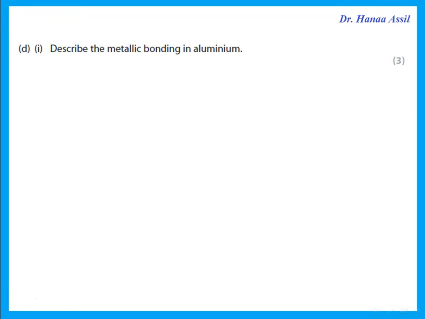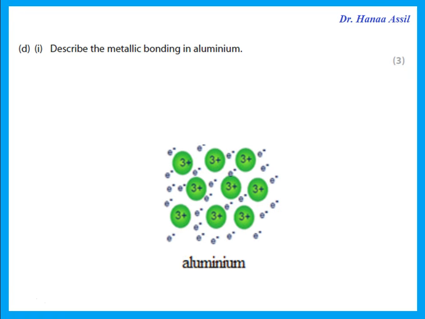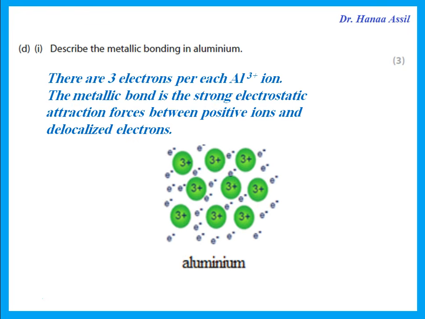Describe the metallic bonding in aluminium. Okay. Remember that aluminium is in group 3. That means each atom has 3 delocalized electrons floating around it. And the metallic bond is the strong electrostatic attraction forces between the positive ions and the sea of delocalized electrons.